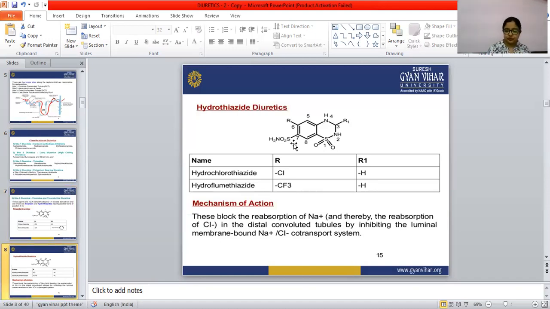Let's see the common mechanism of action of the thiazide diuretics.